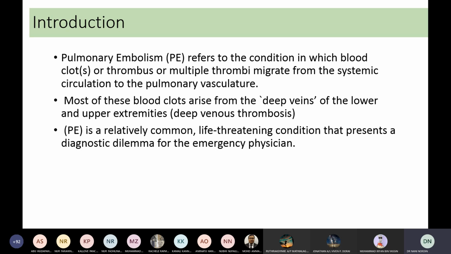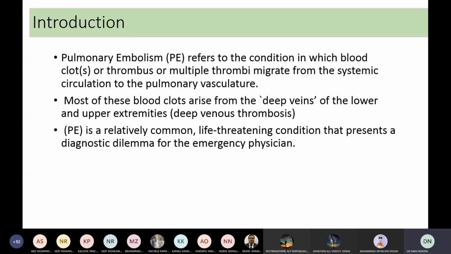In fact, we see a lot of pulmonary embolism when we discover it during autopsy. So it is something that you can easily miss clinically, if you don't suspect pulmonary embolism.